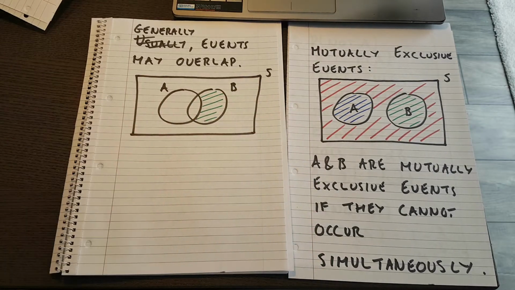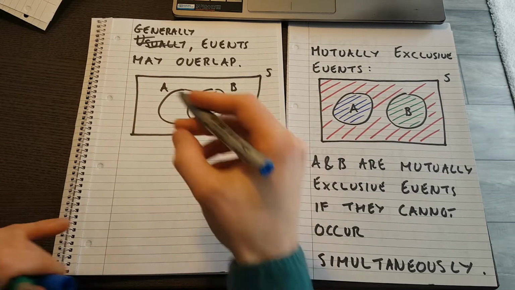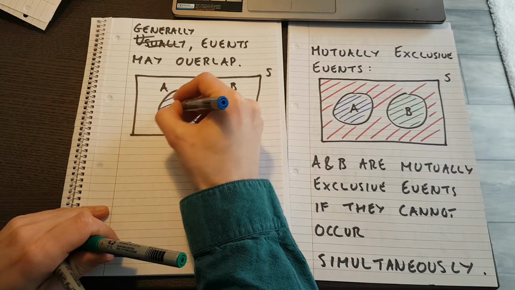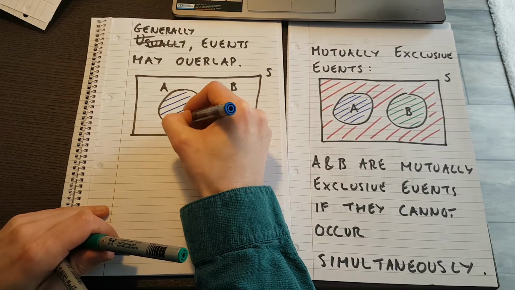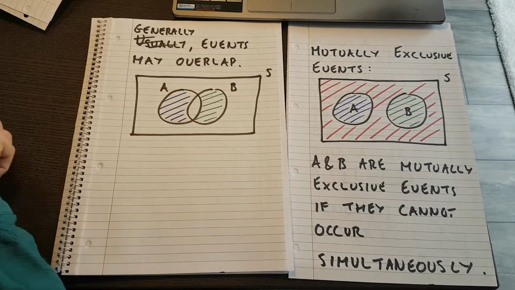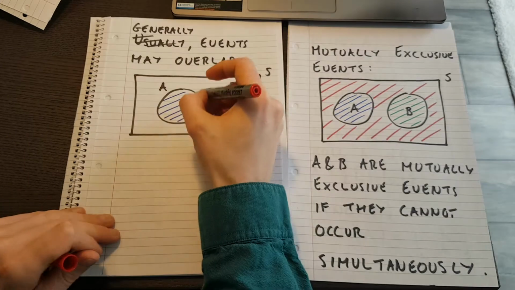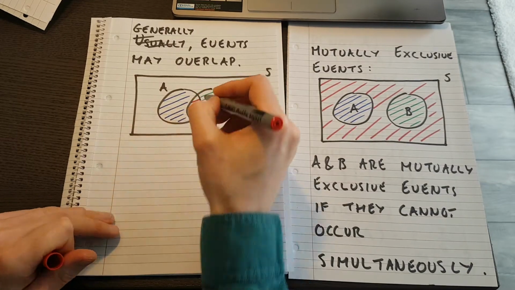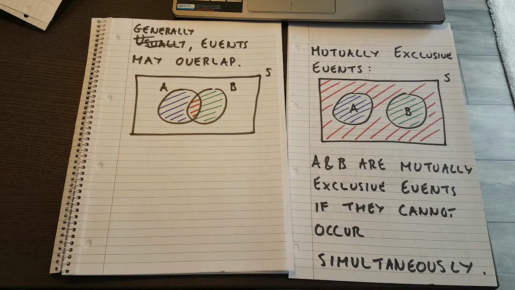I'll cover A with blue, same as before. And the common region, the shared region to both of them, is that small red region in the middle. So that's what I mean by overlapping events.